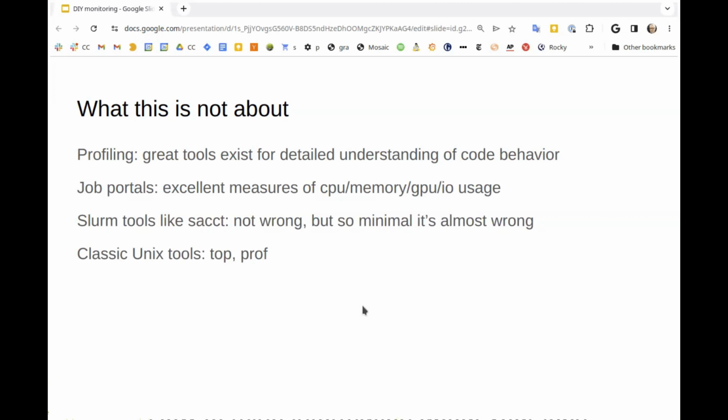This is also not about job portals. We have job portals which are relatively new and not that well known among users, which give information about some metrics that we collect about your jobs. These metrics are fairly highly aggregated and presented in sort of an operational format.